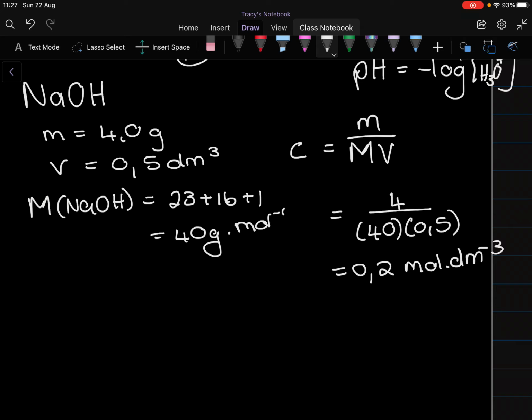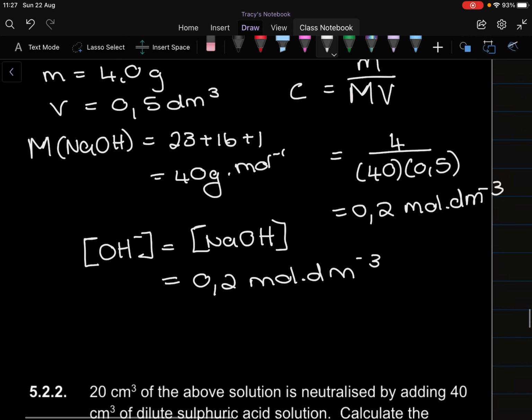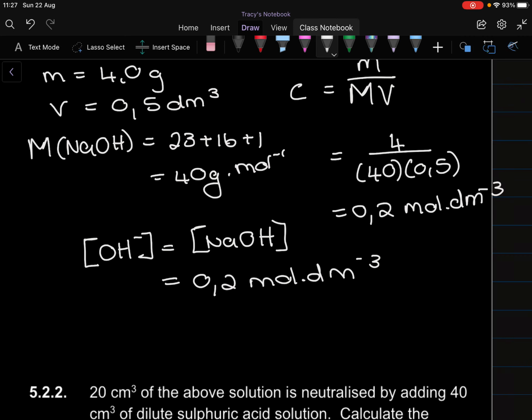There is 1 OH per NaOH molecule. That means the concentration of my OH minus ions is going to be equal to my NaOH concentration, because it's a 1-to-1 relationship. Now that I've got that, I'm going to write out a space because I forgot how much there's going to be on this one. I've got the OH minus, right?